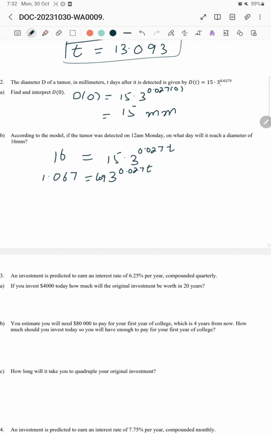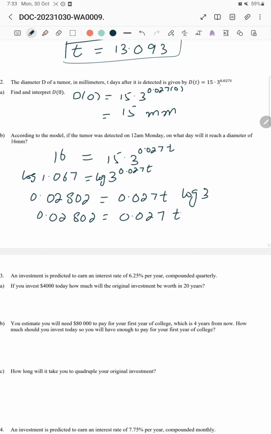Taking logarithm on both sides, we will divide this by this and then this by this, so t will be equal to 2.17 days.